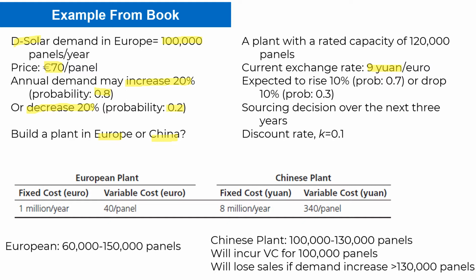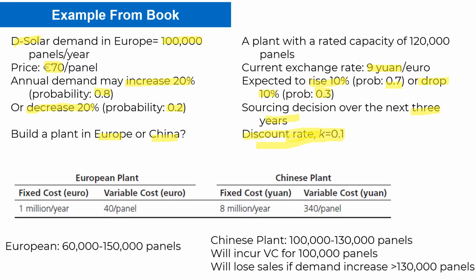The exchange rate is also expected to rise by 10%, with a probability of 0.7, or drop by 10%, with a probability of 0.3. And they have a sourcing decision over the next 3 years, and the discount rate, or the K, is 0.1.